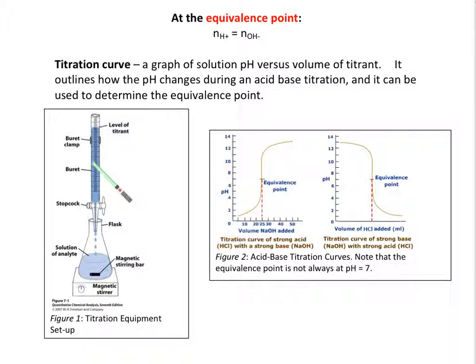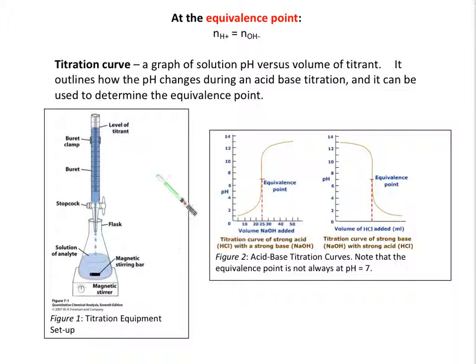Now I know the volume of the acid that was added and the concentration of the acid that was added. Therefore, I can figure out the number of moles of acid that were added. If I'm only adding acid until I see that color change has occurred, just right at the moment when I first see that color change and it persists in the solution, then I know that is the point where the equivalence point has been reached.